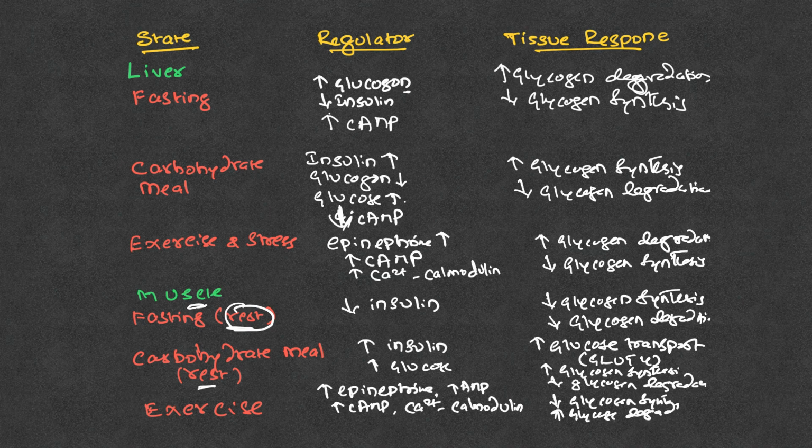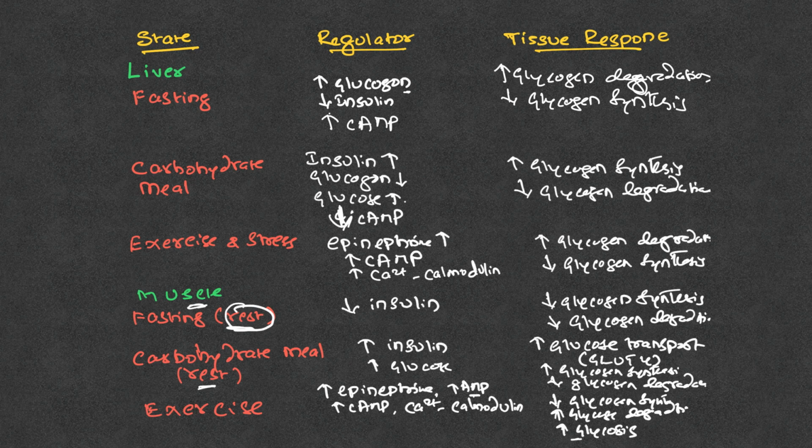Glycogen degradation is increased, and also there is increase in glycolysis. So, the breakdown of glucose into pyruvate and into acetyl CoA will increase because AMP levels are elevated during exercise, and AMP is a positive modulator on the rate limiting and regulated enzyme in glycolysis called PFK1, phosphofructokinase 1. That is why glycolysis is increased.